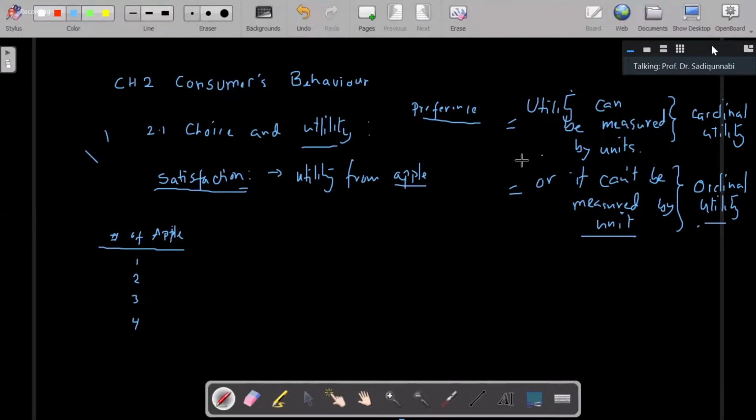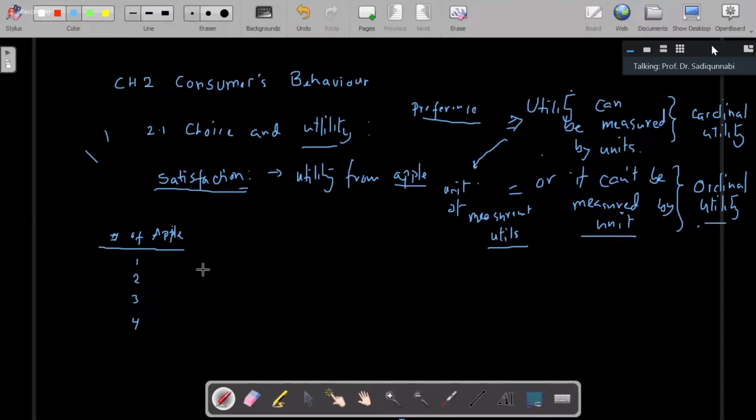Those who believe that utility can be measured say that their unit of measurement is called utils.